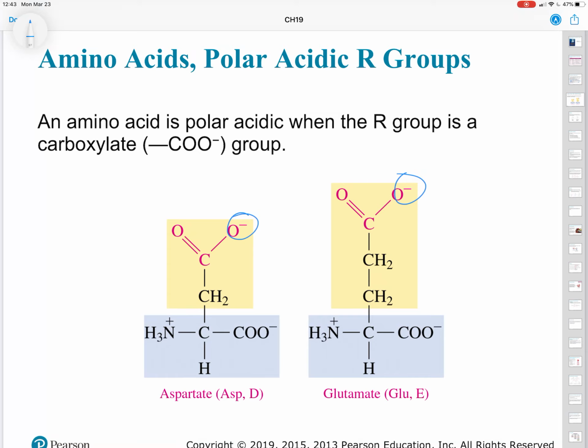Now, that doesn't happen too often in our bodies, but we do have a stomach full of hydrochloric acid that has a pH down near 2, and so amino acids that are in there would definitely not have this negative charge. They'd have H's on them. There'd be an H right there and right there. So aspartate and glutamate come from aspartic acid and glutamic acid. So whenever you hear those other terms, you've got to realize those are also amino acids, aspartic acid and glutamic acid.